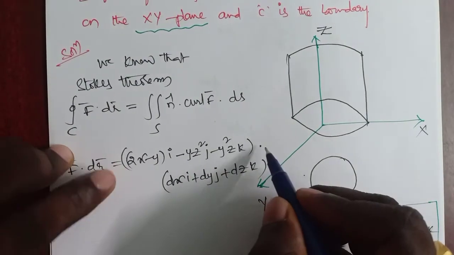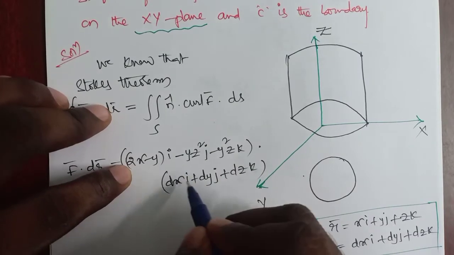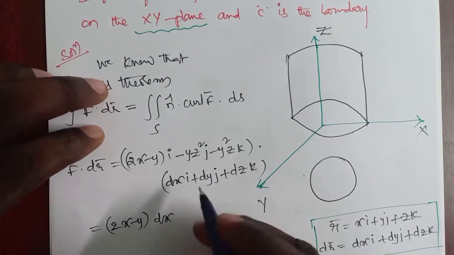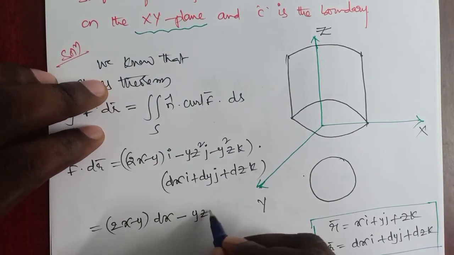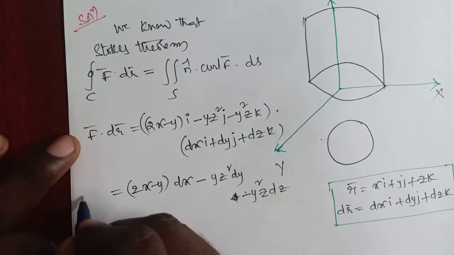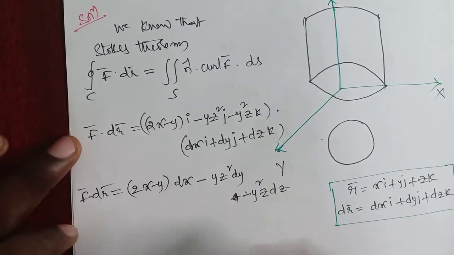Now coming to the dot product of these two, i bar dot i bar is 1, so it is (2x minus y) dx minus yz square dy, sorry, minus y square z dz. So this is f bar dot dr bar.